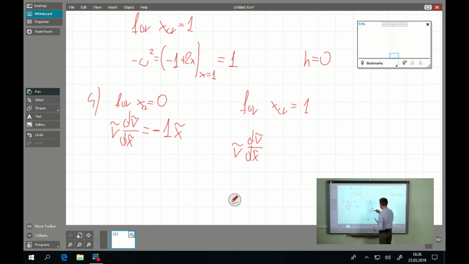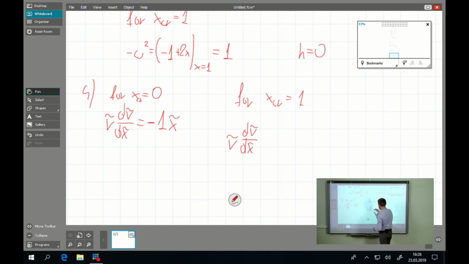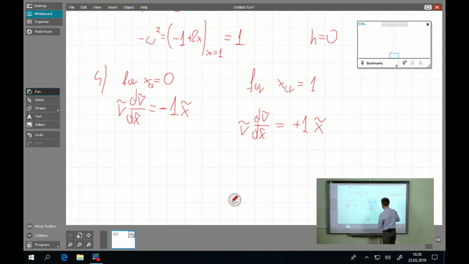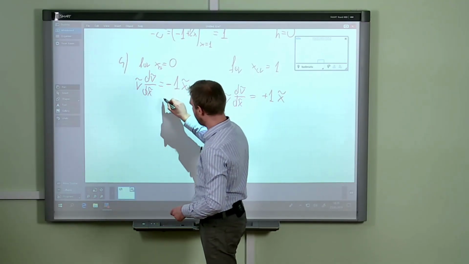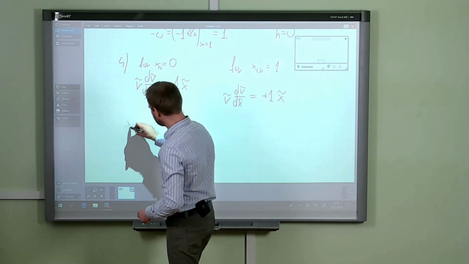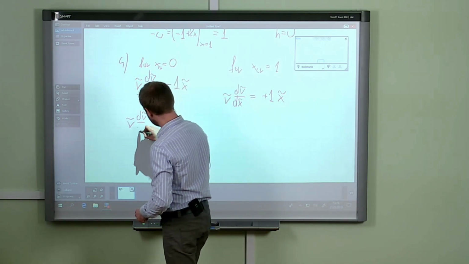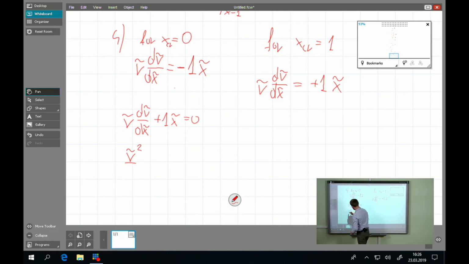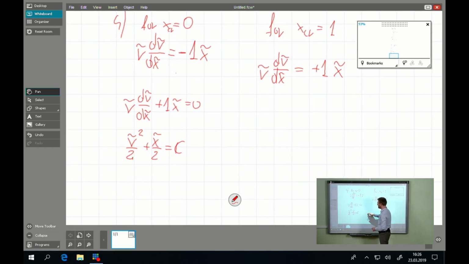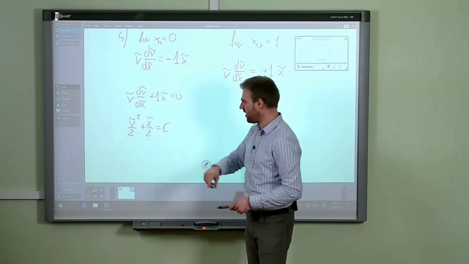I mean, v tilde times dv tilde over dx tilde equals plus 1 x tilde. What does it mean? It means that in the neighborhood of the first critical point, we have such an equation and such a phase plane image, due to the integration of that problem, equals C. It means that it's, let's say, a family of ellipses.